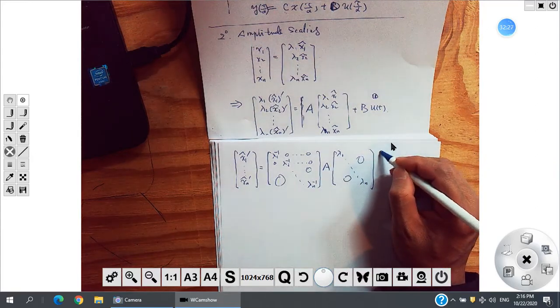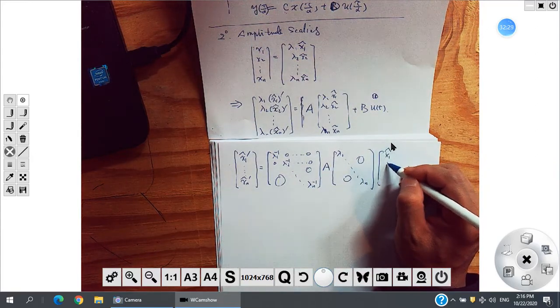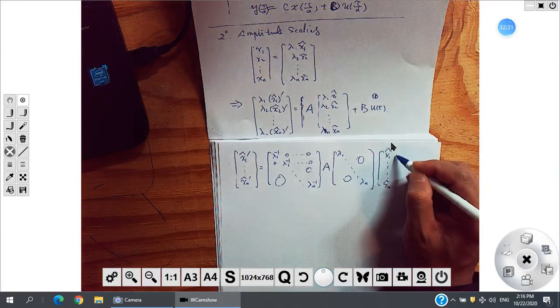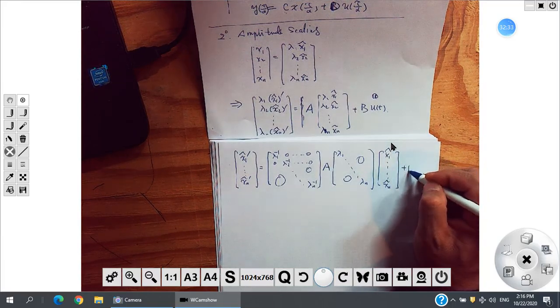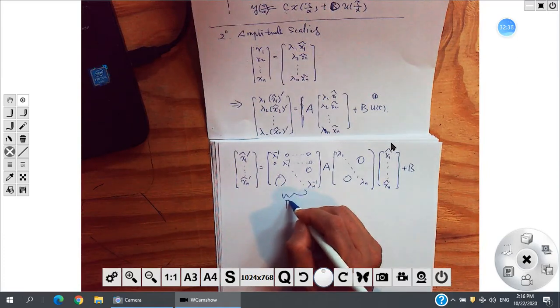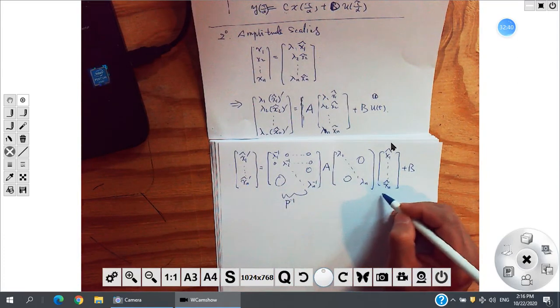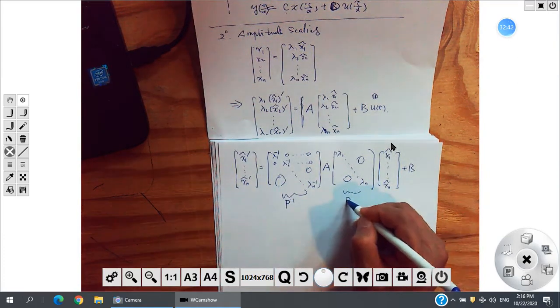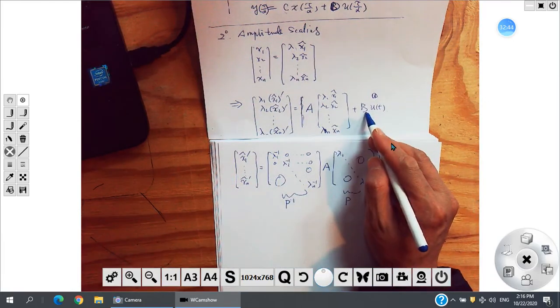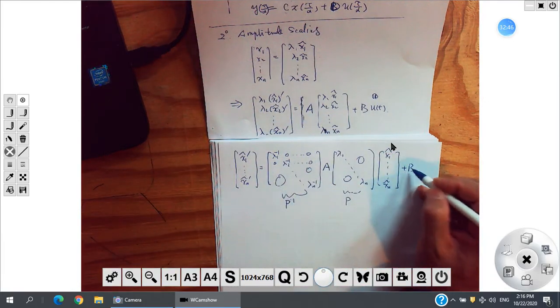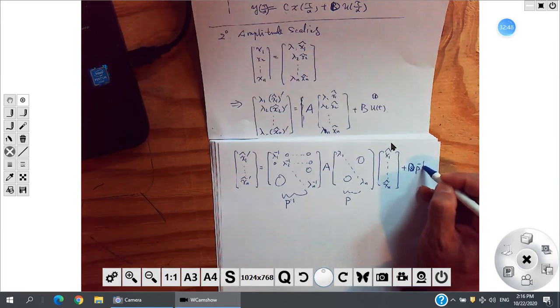Here's x1 hat to xn hat, plus b. I write this as p, and p inverse. Before b, I also need p inverse on it. So this is p inverse times b times u of t.